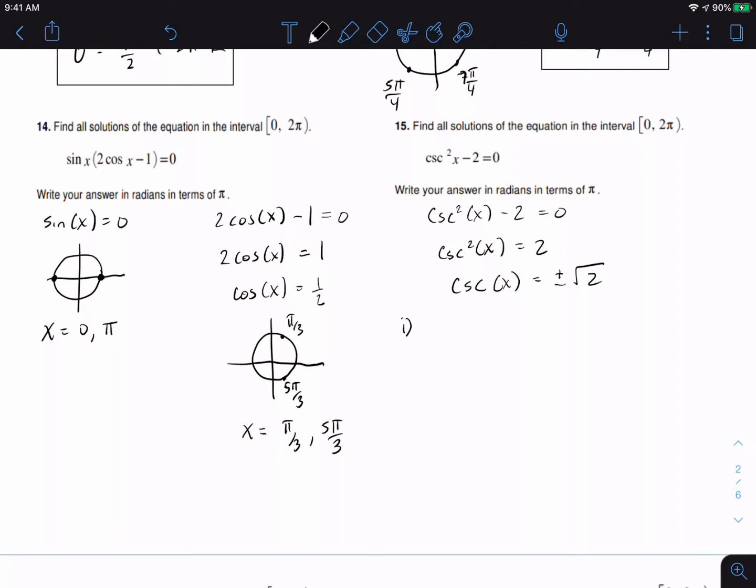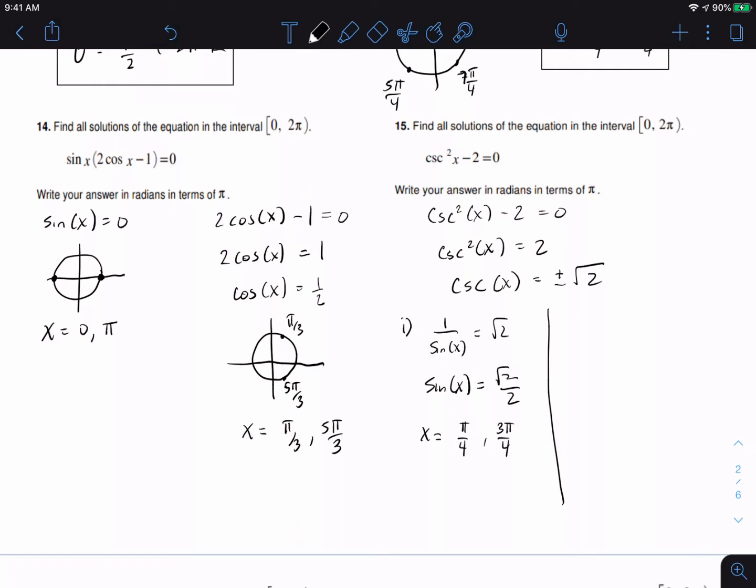I'm going to get 1 over sine of x is equal to radical 2. So then sine of x is going to be equal to radical 2 over 2. Right? And we know from the unit circle that that's going to occur at pi over 4 and 3 pi over 4.